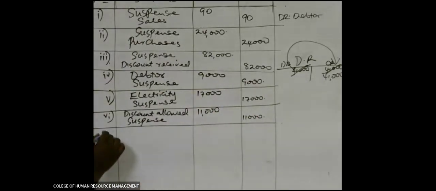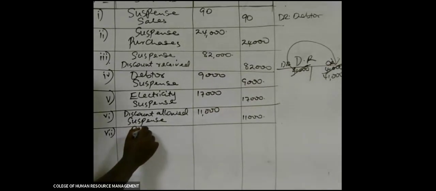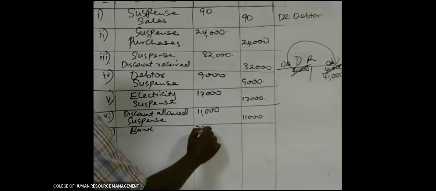That is number 6. Number 7. The bank was understated. Bank is an asset. Assets have a debit balance or they are normally debited. So if it is understated by 20,000, then it simply means that on the debit side of bank, 20,000 is missing.